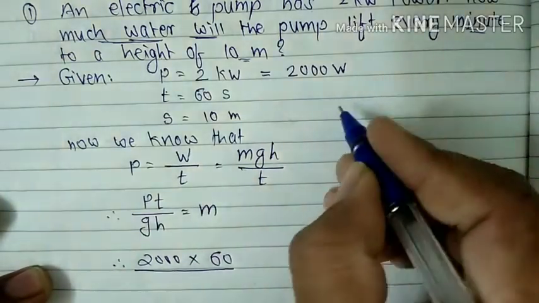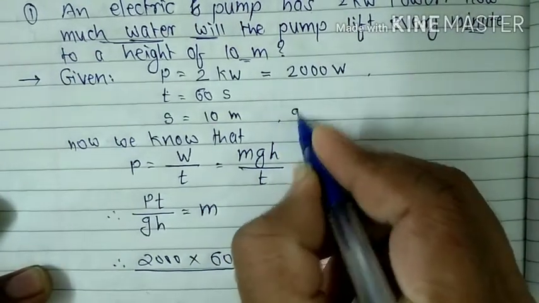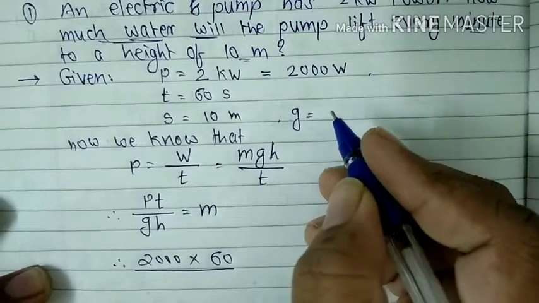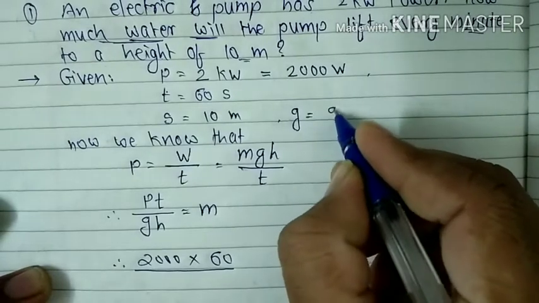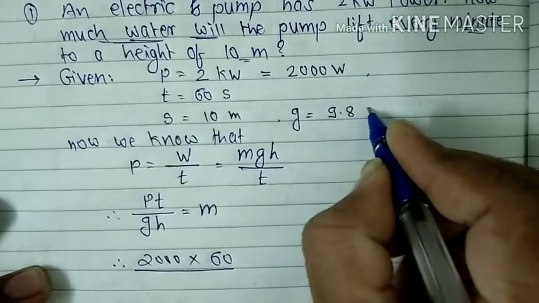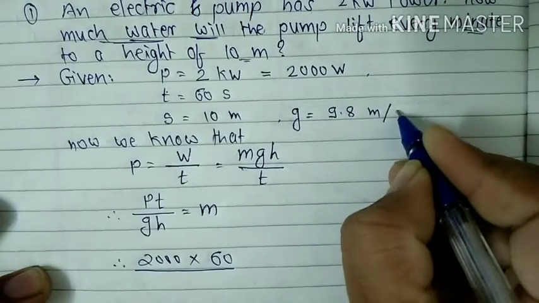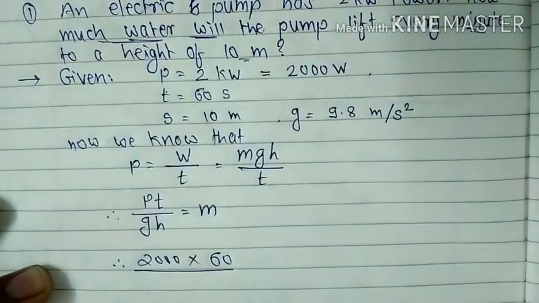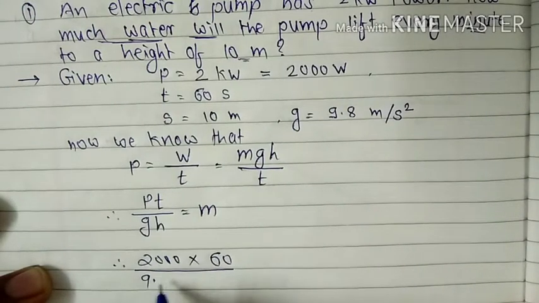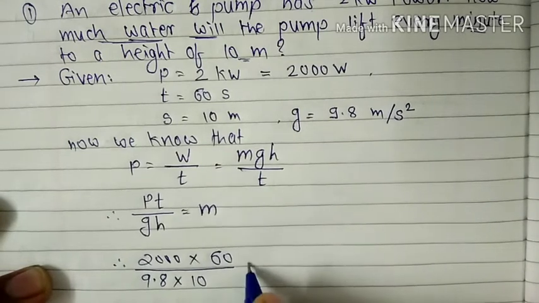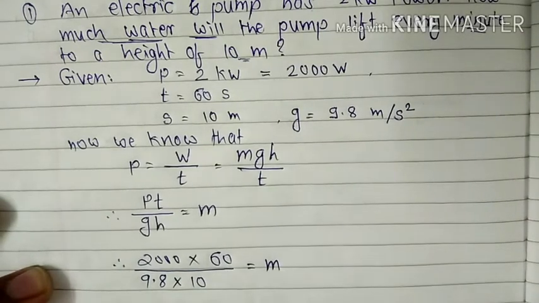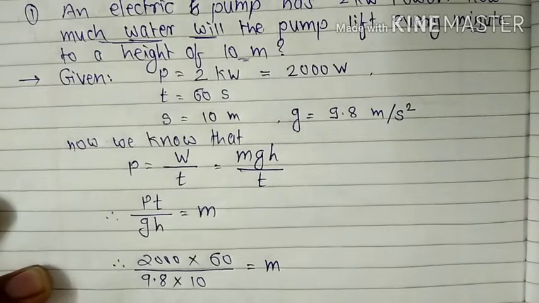We know that g, that is acceleration due to gravity, it is 9.8 meter per second square. It is constant always, so g is equal to 9.8 into h is equal to 10 is equal to m, that is the mass of the water.